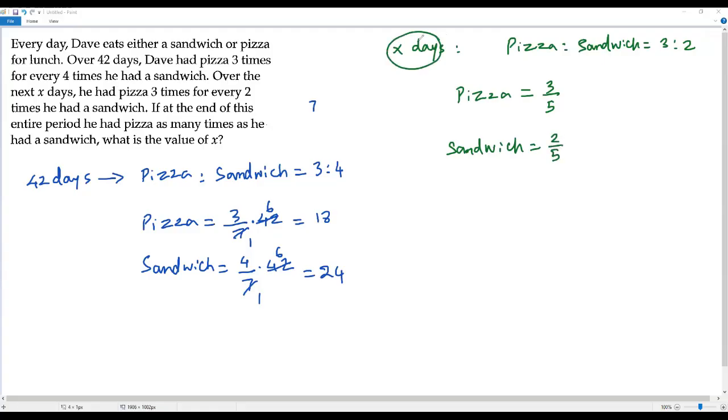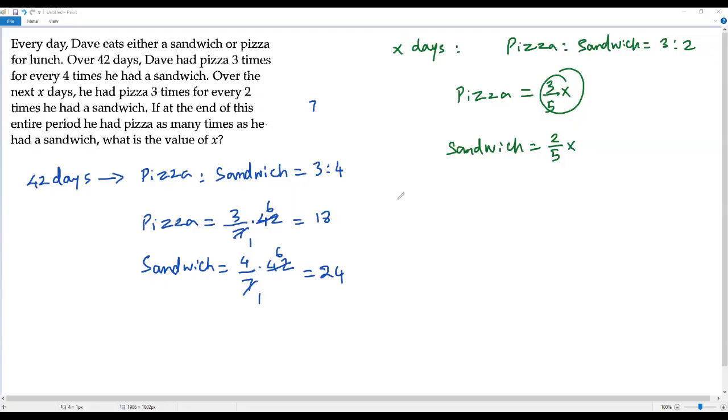In these X days, to find the number of days Dave had pizza, we multiply the fraction 3/5 by X, and we get 3/5 X. And the number of days Dave had sandwich is 2/5 times X. So in the first 42 days, Dave had pizza for 18 days, and in the next X days, pizza for 3/5 X days.